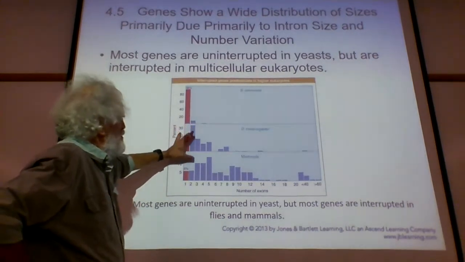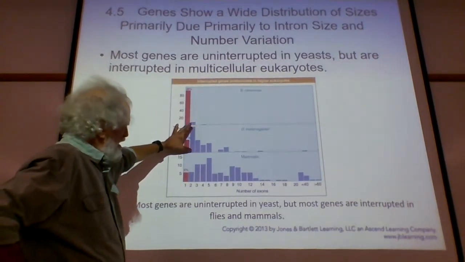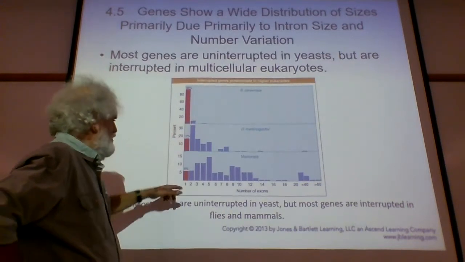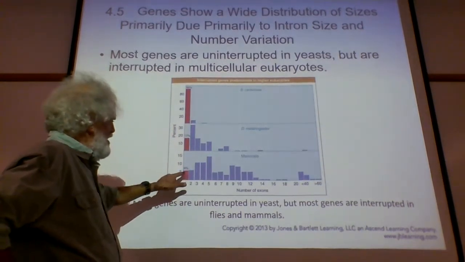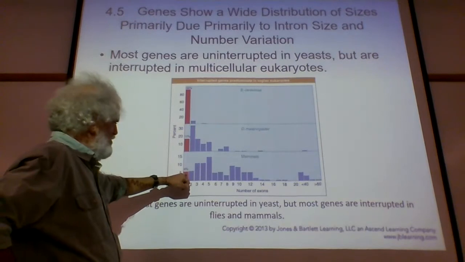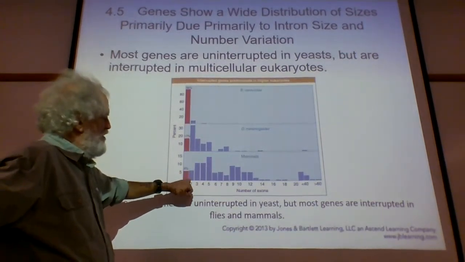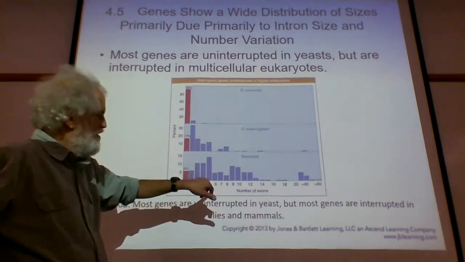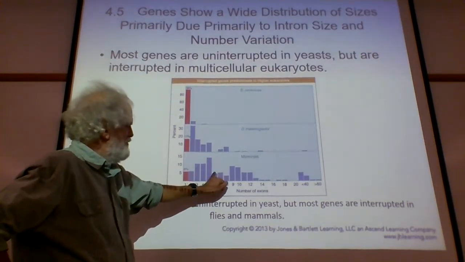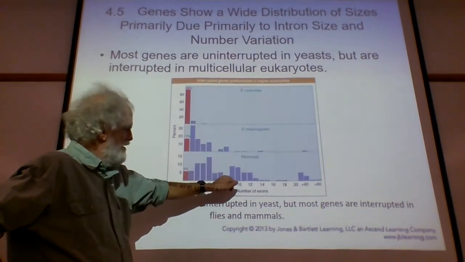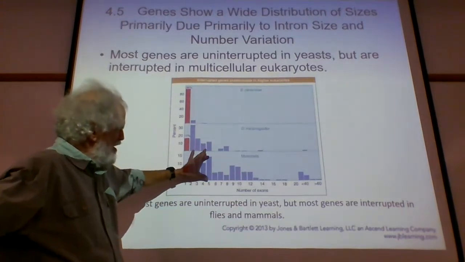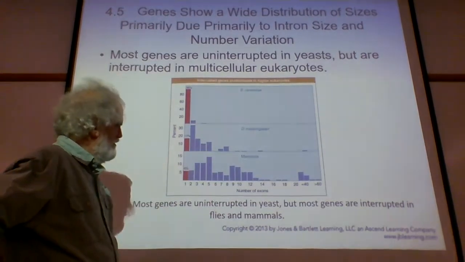And we've got a bunch of genes that have a single intron. And then when you go to mammals, you and I, the number of genes that are not containing introns at all is down to 6%. And really, 2 is pretty small as well. Start seeing a lot more introns here, 5 being probably the average.